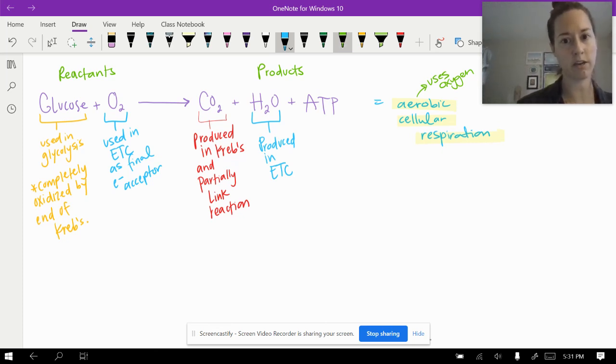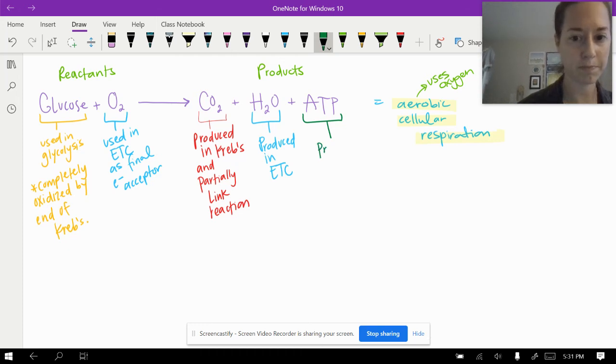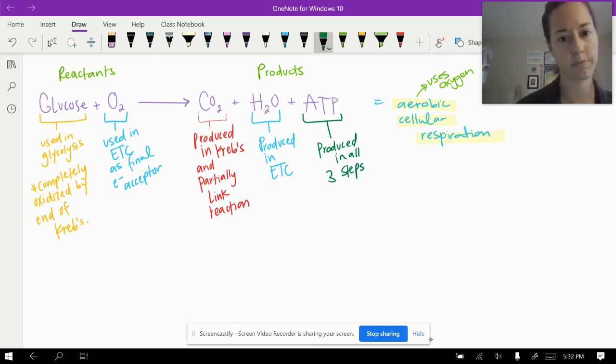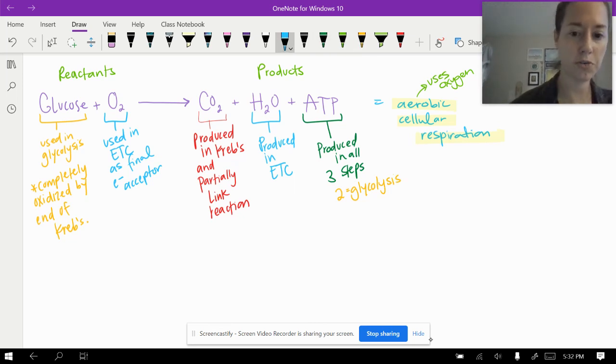And the ATP, I'll do a different color, because this is produced in all 3 steps and it will be 2 in glycolysis, 2 in Krebs, and that's per glucose.